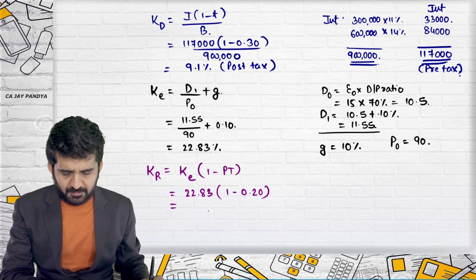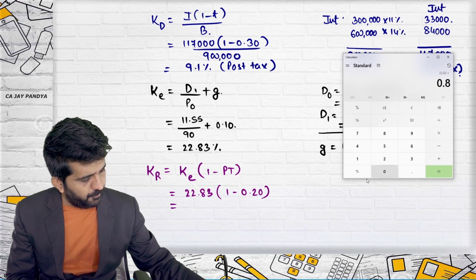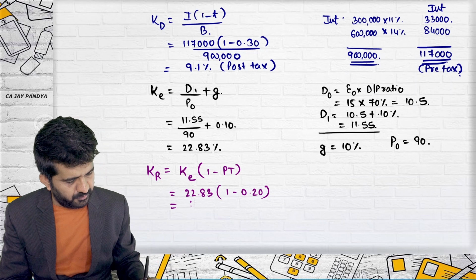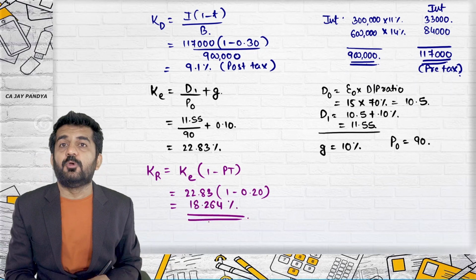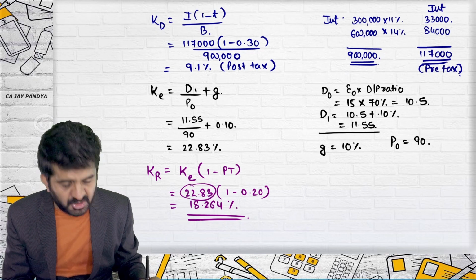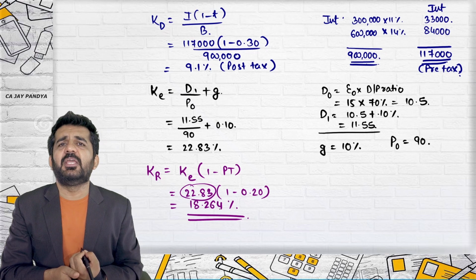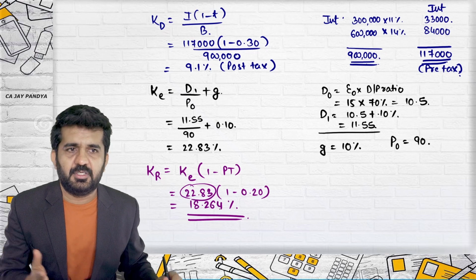The answer will be 22.83 multiplied by 0.80. It is 18.264, and it will be a percentage, because the base is a percentage, so the answer will be in percentage, but after considering the personal taxation benefit. That's all right.